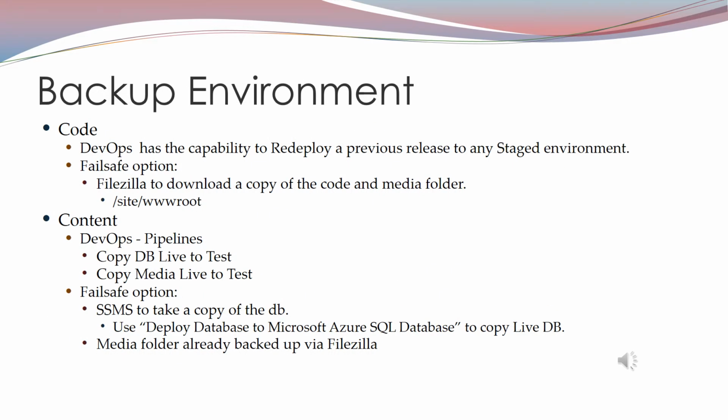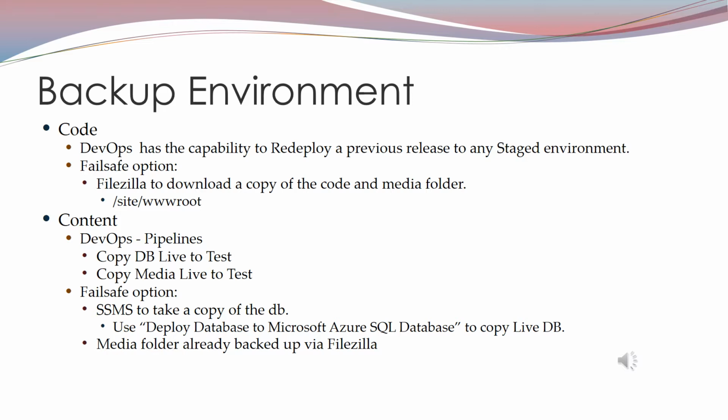Backing up the environment, I tend to back up both code and content. Code, you've actually got DevOps, you can repush any previous build that you've done, so you've already got a backup of all your code.